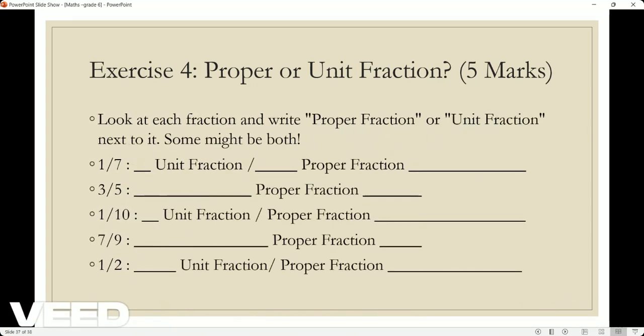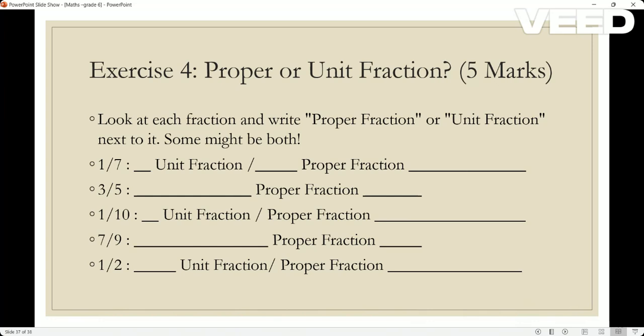So see, the first one is both unit and proper. Remember, in a proper fraction, if the numerator is 1, we can call it a proper fraction, but it is also a unit fraction. If the numerator is 1, it is taken as both unit and proper. The second one is proper, the third one is also both unit and proper fraction.